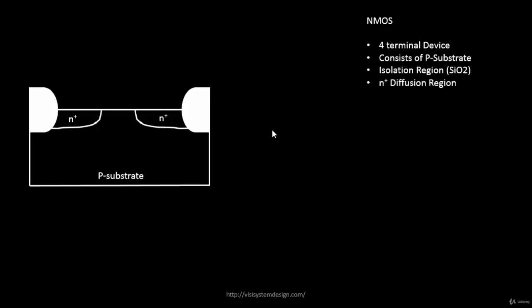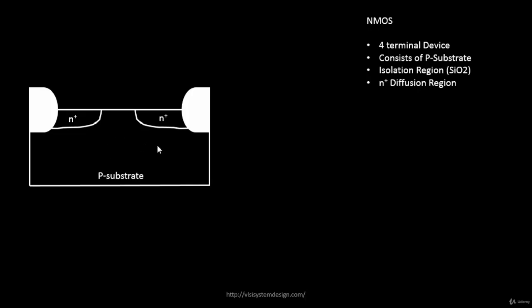Next, it has got some N plus diffusion region, and you see the N plus diffusion region has been carefully placed in this area, and there is some amount of space left over here, and there is another N plus diffusion area placed over here. These are all basically fabrication techniques, and why the structure looks like this, we will talk more about when we discuss the fabrication techniques of an NMOS, but not in this one.